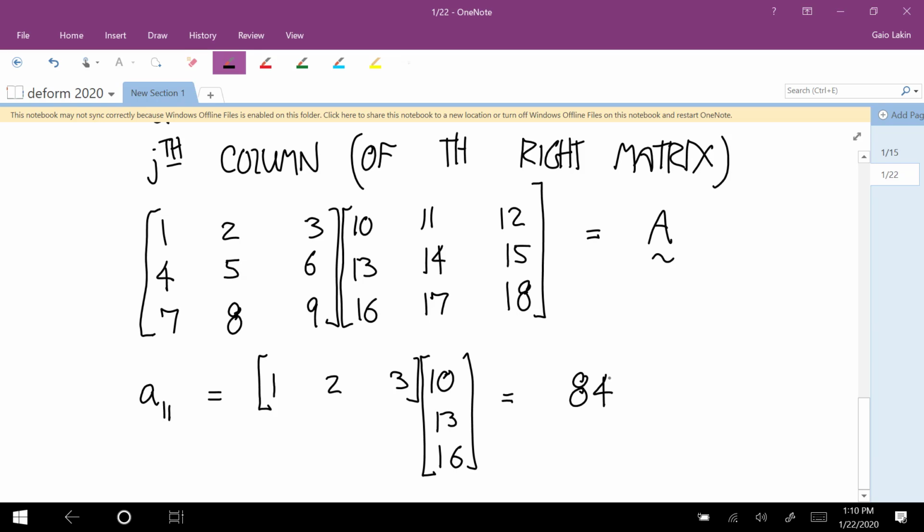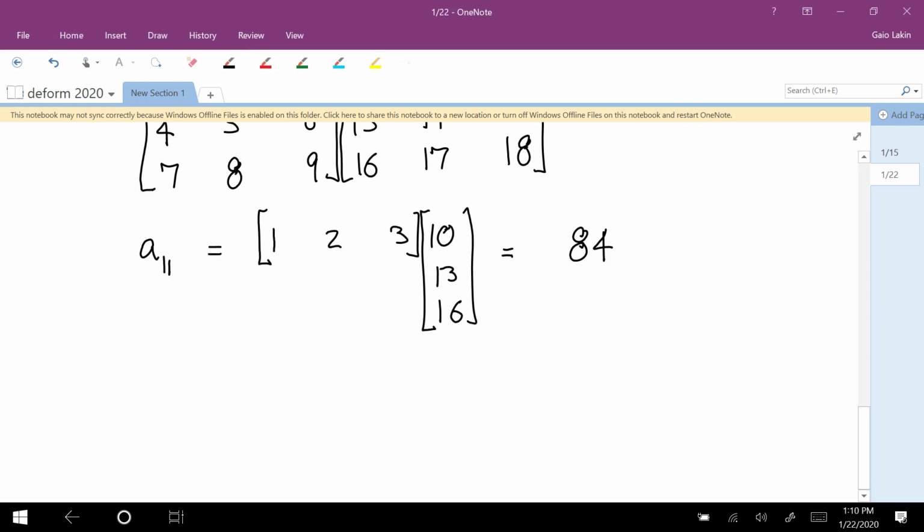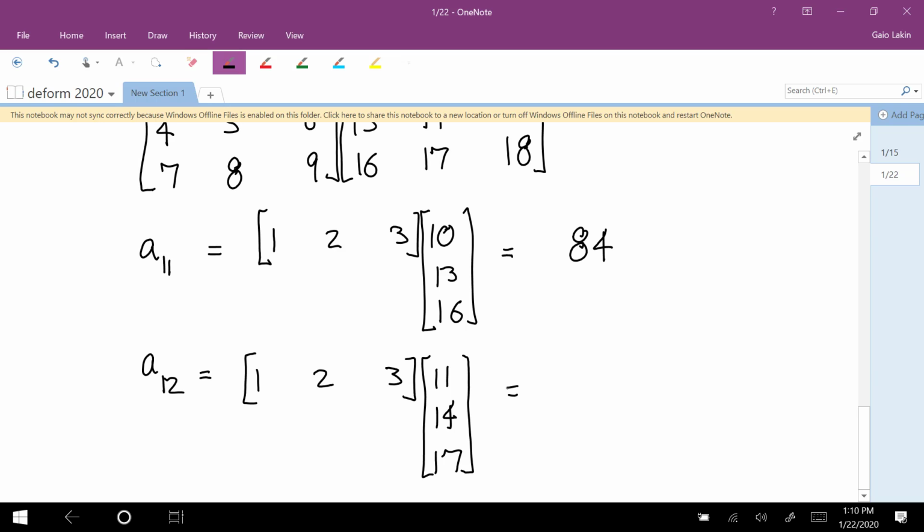So it's 1 times 10 plus 2 times 13 plus 3 times 16. And then A12 is the first row, 1, 2, 3, dotted with the second column. What's the second column? Yep, that's right. 11, 14, 17. And I think that comes out to be 90.